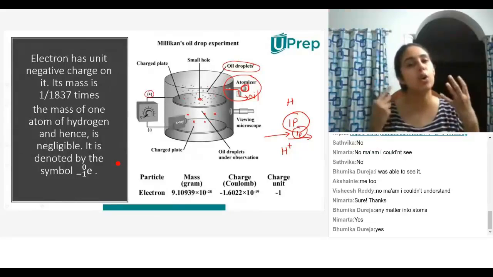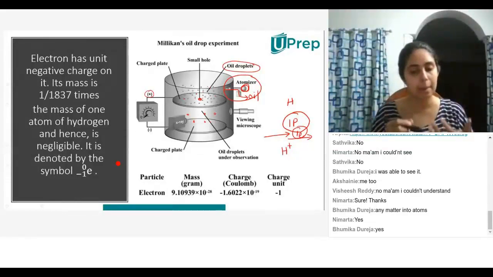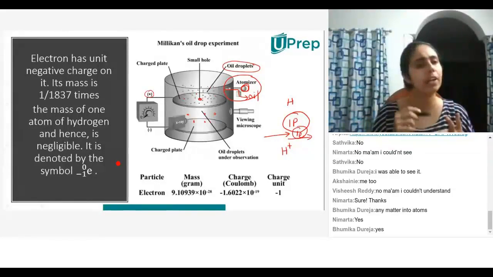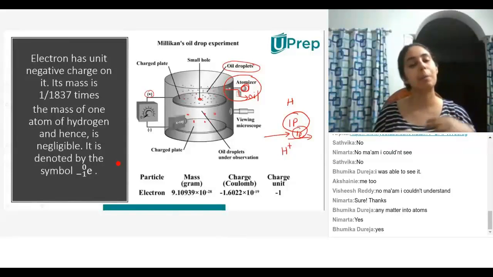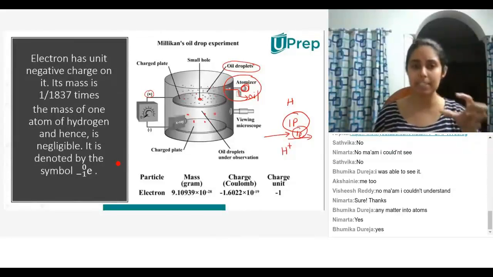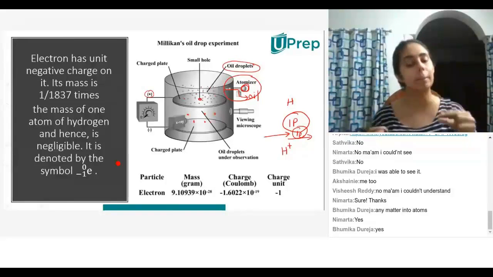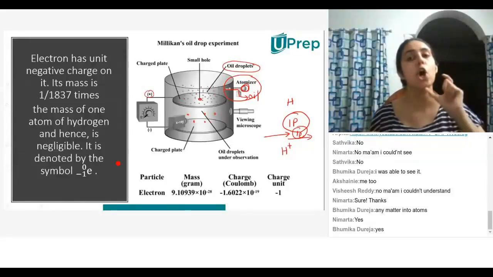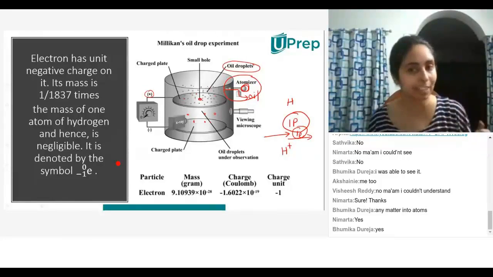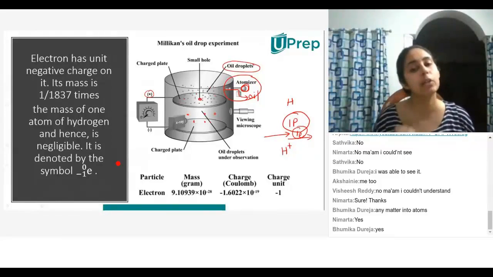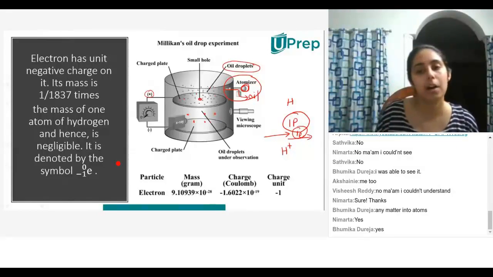That charge is always a multiple of some number, 1, 2, 3, depending on how many electrons are inside it. By dividing with a specific number, you can calculate the charge of one electron, and you can also calculate the mass of that one electron. So by doing this experiment, they were able to find out the mass and charge of the electron.